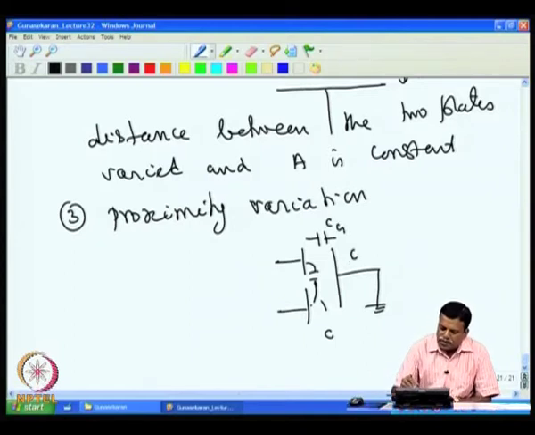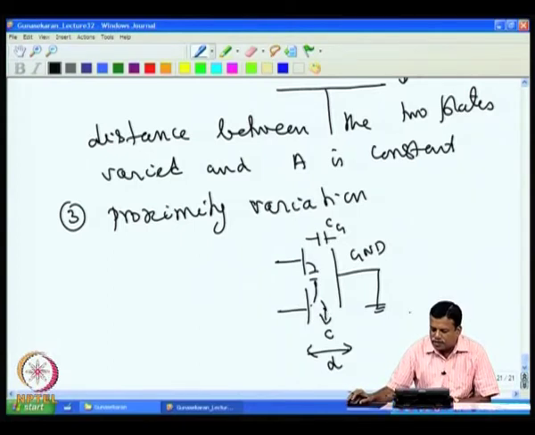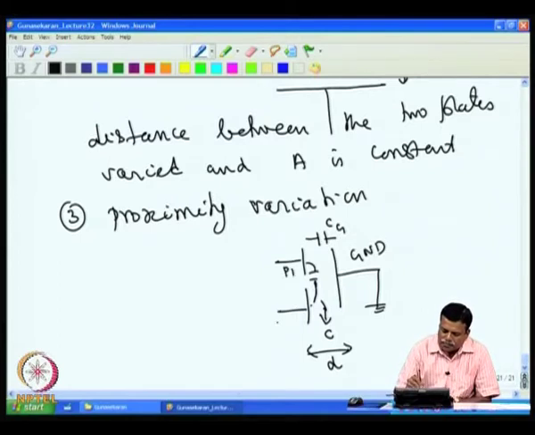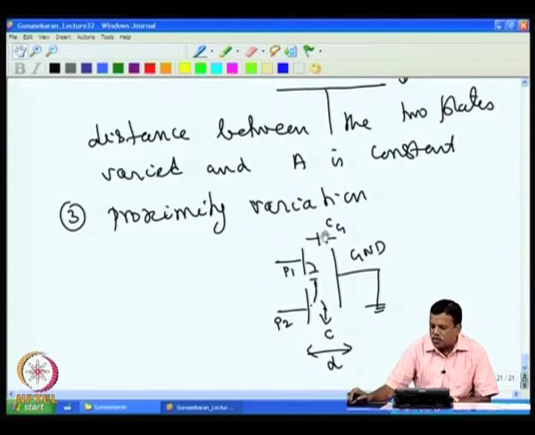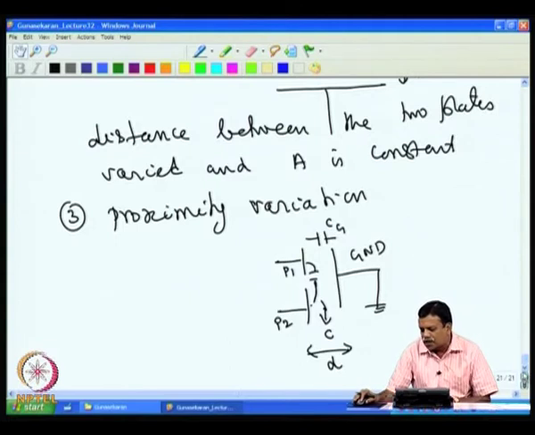So, when the distance between the ground plate and the active plates, say P1 and P2, varies, for example, if I move the ground electrode closer and closer, you find that this capacitance is decreasing, and if I move more away, then this capacitance is increasing. So, this also can be used to sense the displacement.